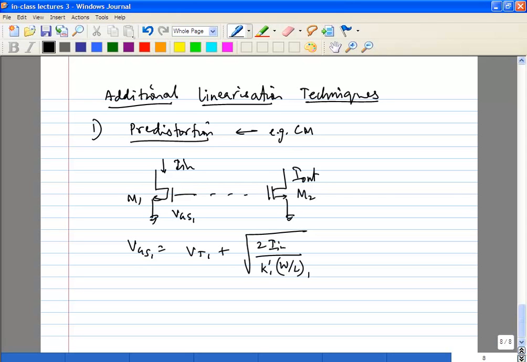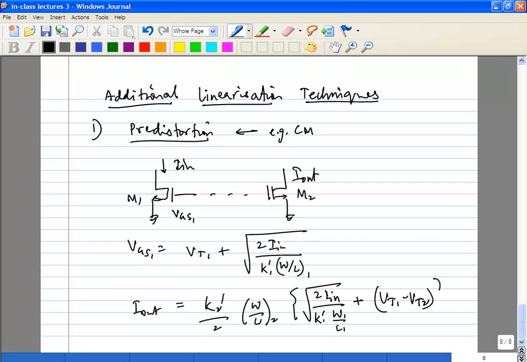Effectively you're taking the input current which has some information, distorting it into a voltage with some kind of nonlinear relationship and eventually converting it back to a current. And if there is a mismatch, that will end up at the output, causing an output error. That is well known.